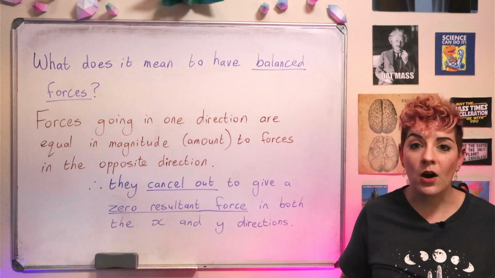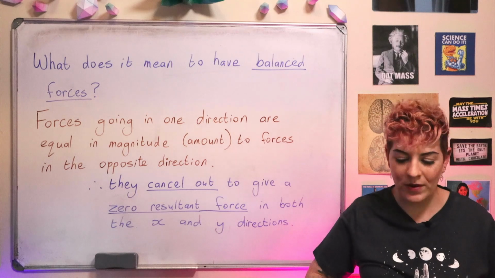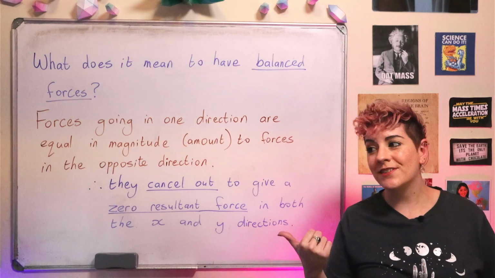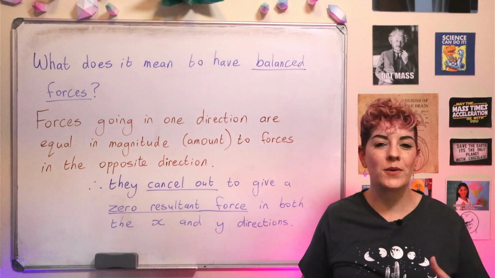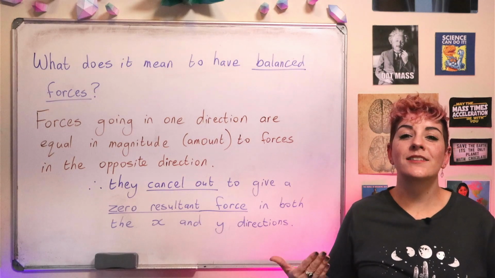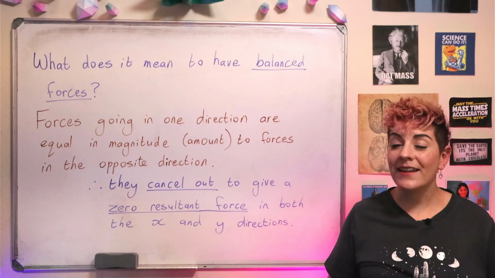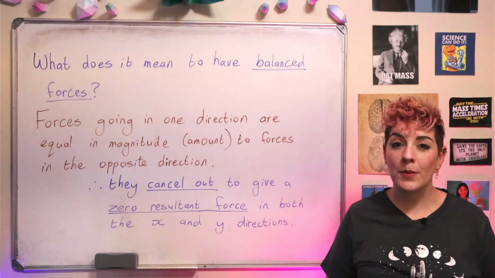So, for example, if all forces up equal all forces going down, and all forces left equal all forces going right, then the forces all cancel to give a resultant or net force of 0 newtons. And that is what is happening in equilibrium.